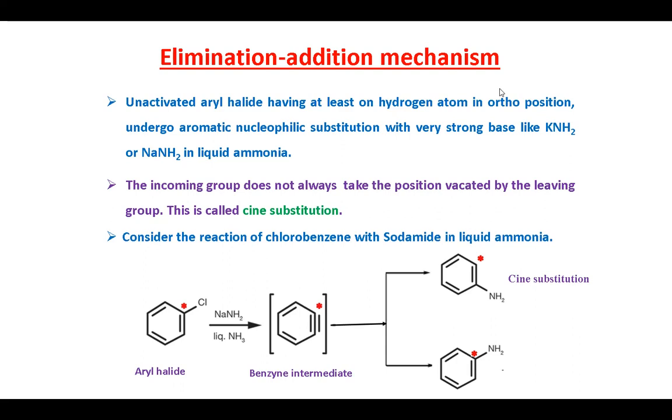Consider the reaction of chlorobenzene with sodamide in liquid ammonia. Star mark in chlorobenzene indicates the position of leaving group. When it undergoes elimination reaction, followed by addition reaction, there is chance of getting two different products.